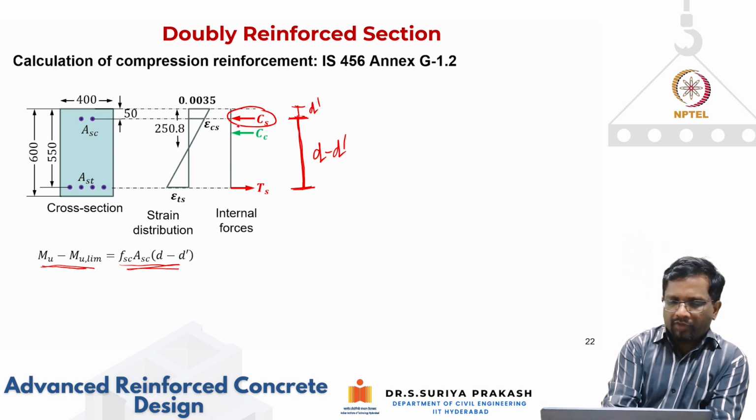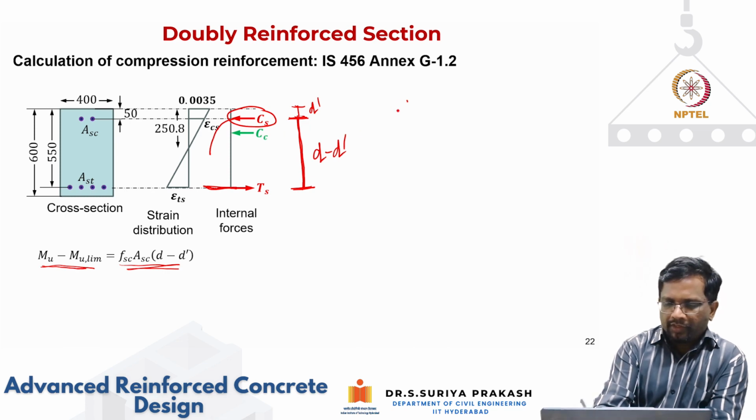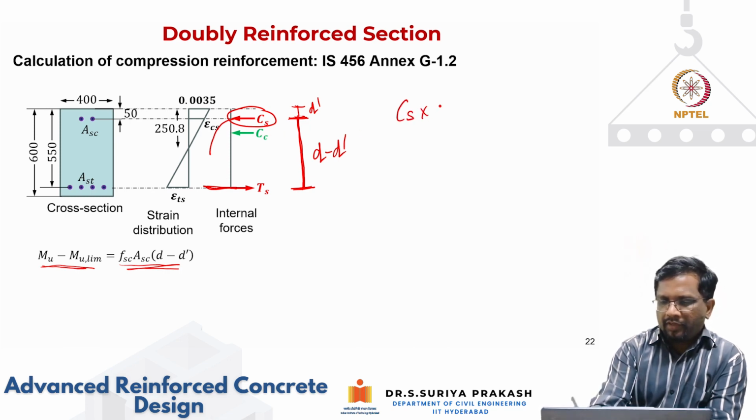So when I take moment of this force about the tension side, it is going to be Cs multiplied by d minus d prime. Now what is Cs? So this is the moment resistance that is coming from your compression steel.